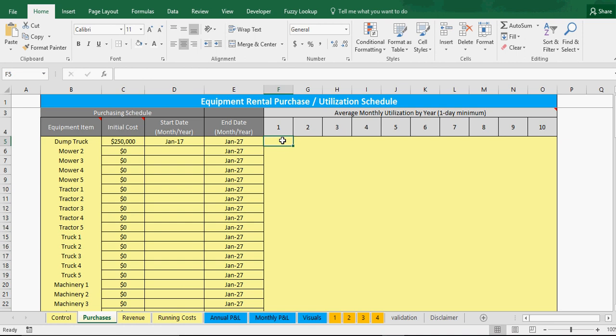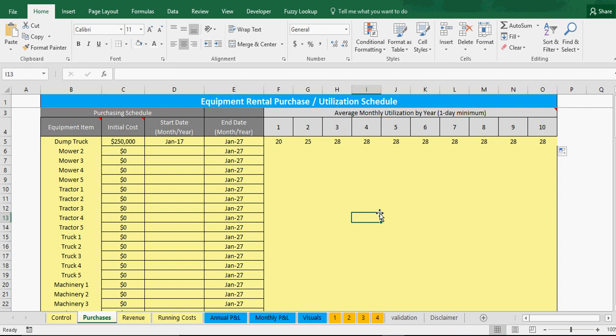You will be able to pick by year the average number of days you expect the equipment to be rented out per month. So let's say year one, you average 20 days a month. Year two, 25, and then you got up to around 28, and you hung in there at about 28 a month.